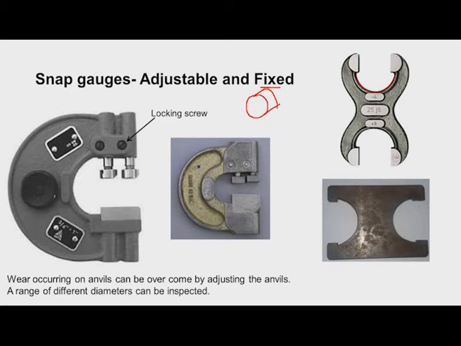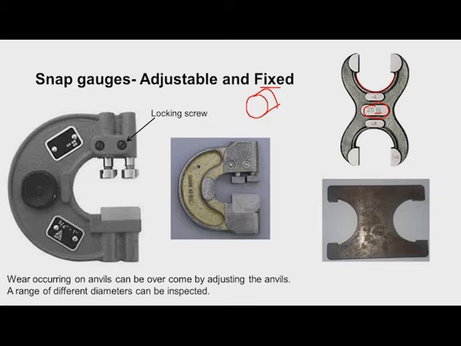What happens with the fixed gauge? After some usage, maybe after 1000 times insertion or 2000 times insertion, the gauging surface is subjected to wear and the size will change. Here you can see it is marked 25 J6, 25 is the basic size and J6 is the tolerance that is allowed.